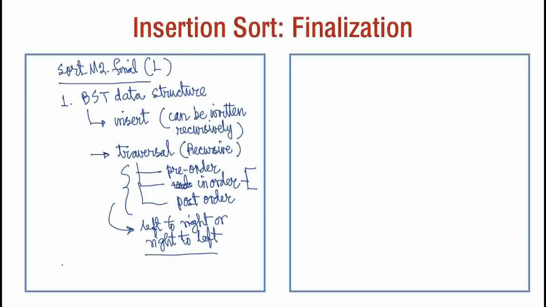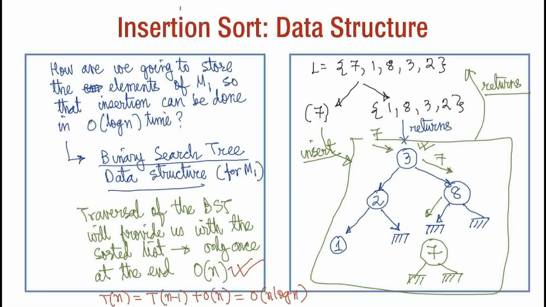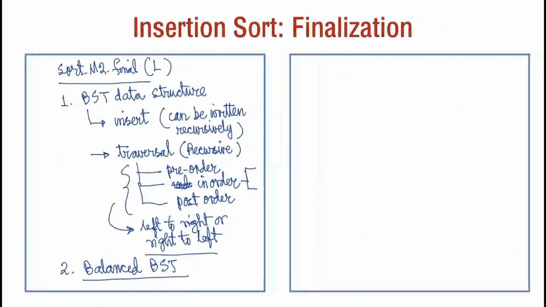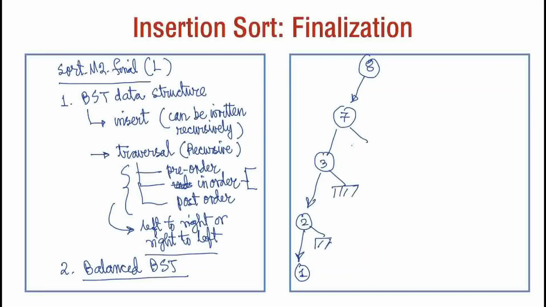The most important thing of this binary tree data structure is that it has to be a balanced binary search tree. That means we cannot have a binary search tree in such a way that, if 8 was the root, then 7 was the child, then 3, 2, 1, and these are all having nothing.